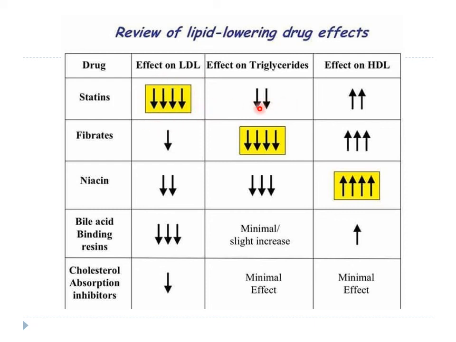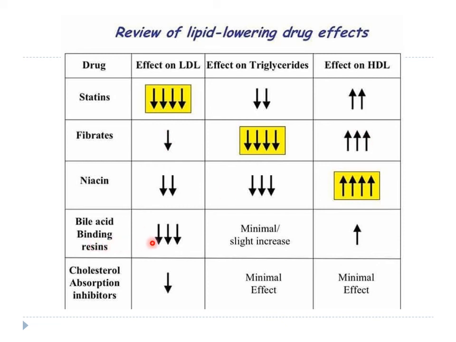They also decrease triglycerides and increase HDL. Niacin has maximum HDL increasing effect, and it also decreases lipoprotein A, and it will decrease LDL and triglycerides as well. Fibrates have maximum lowering effect on the triglycerides. However, they also decrease LDL and increase HDL.